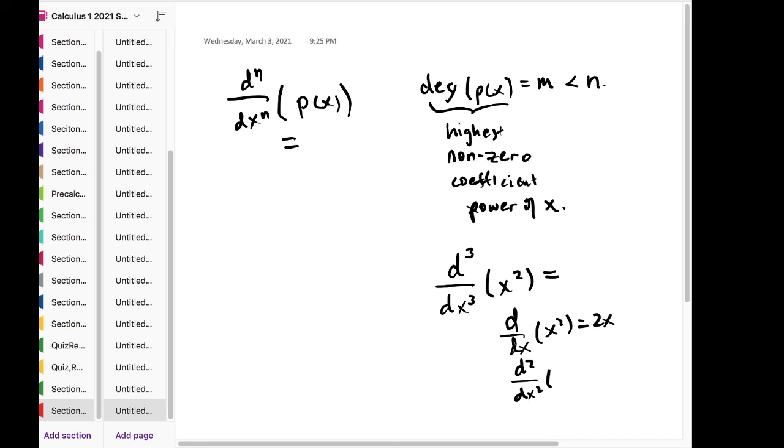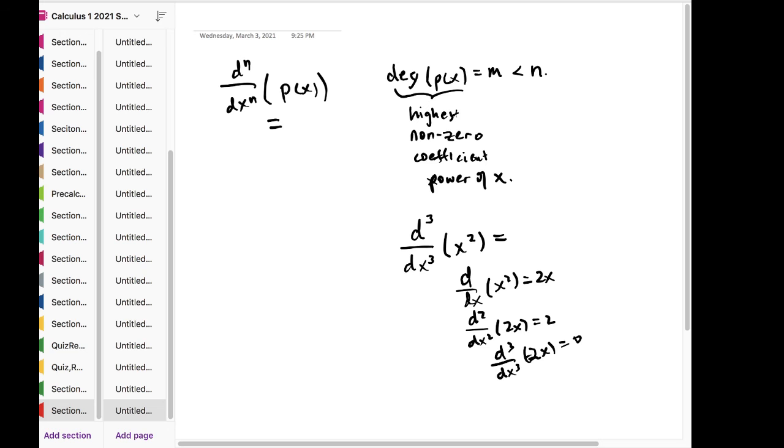Yeah, it's actually going to be 0. So the second derivative is 2, and the third derivative is 0. And then what's the fourth derivative? Also 0. Sorry, these should be x squareds.